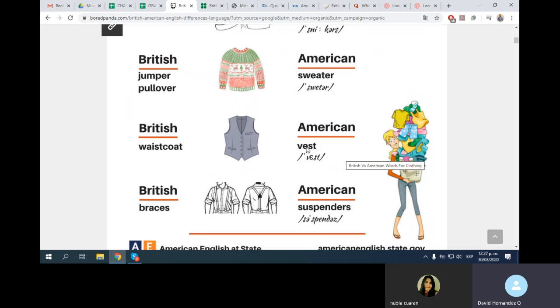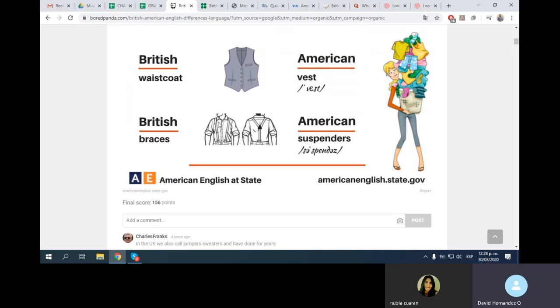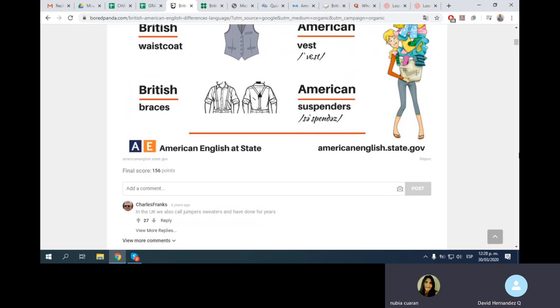Mientras que los americanos le dicen vest a lo que nosotros conocemos en español como un chaleco, como una pequeña chaqueta sin mangas. Los británicos le dicen waistcoat. Luego, British, aquí se refiere a los tirantes. Dice braces, and in American they say suspenders. Suspenders, braces.